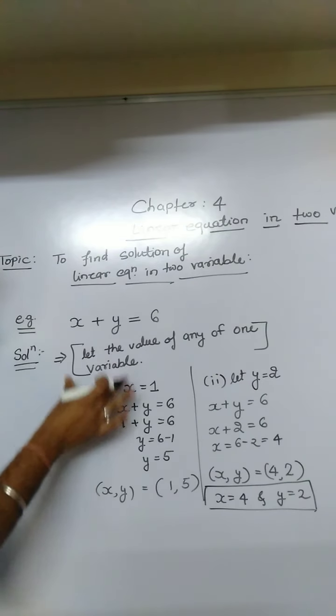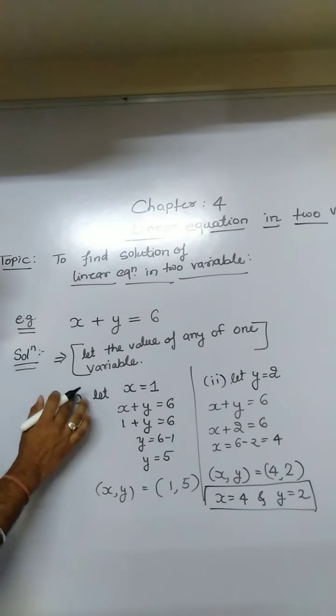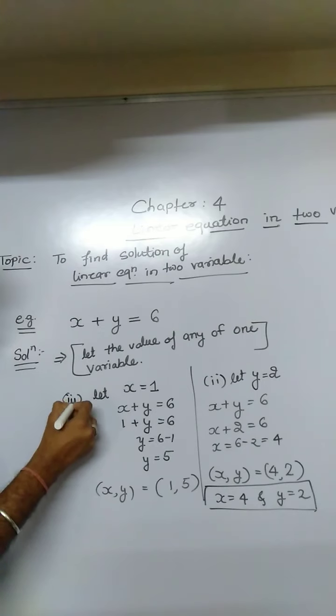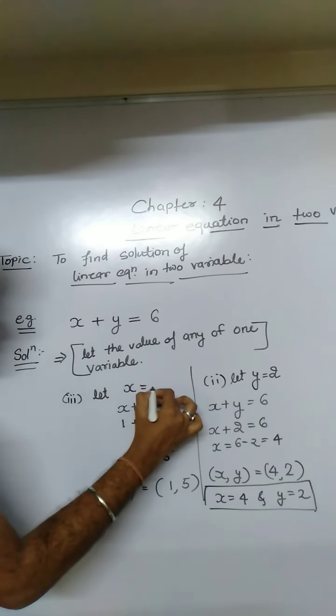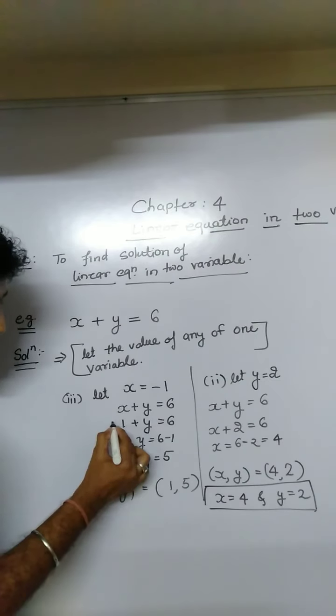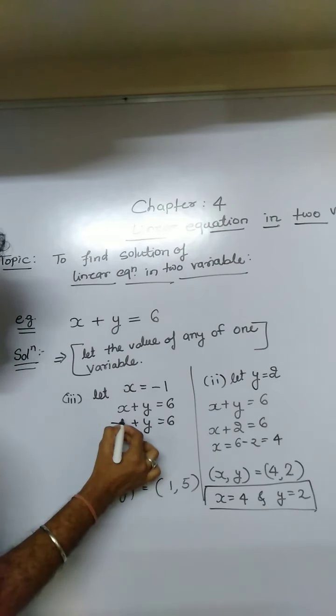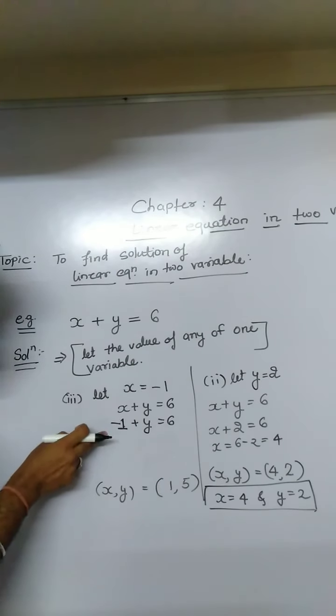This was our first solution, this is our second solution. Suppose for the third one, let me take x equals minus 1. In place of x I will put minus 1. We can take negative values also. So here this 1 is with the minus sign.